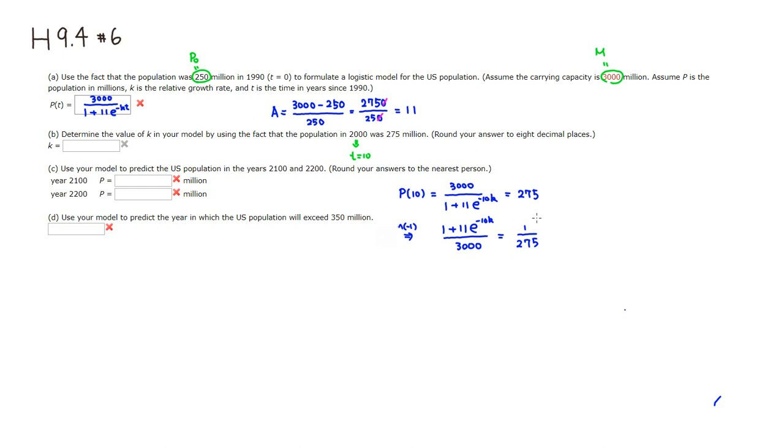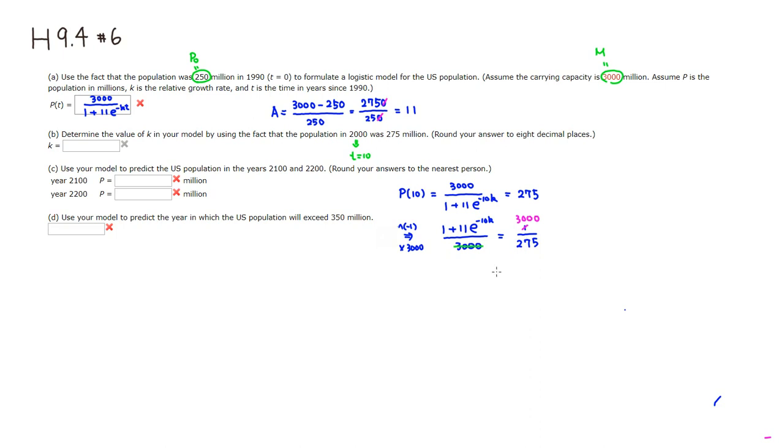Then I'm going to multiply both sides by 3,000. That way we can cancel 3,000 out, and we put 3,000 there.